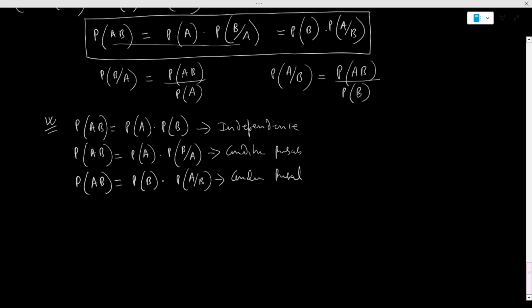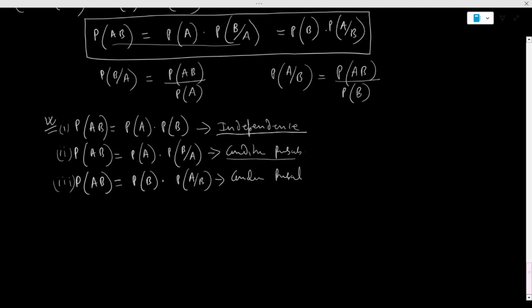Now let us find the condition when the two events are independent. If we compare the condition of independence and conditional probability, let me call them first, second, and third.